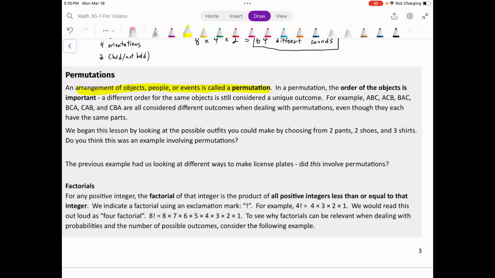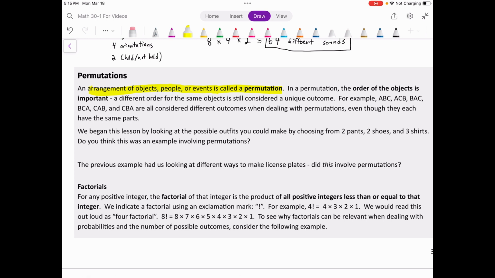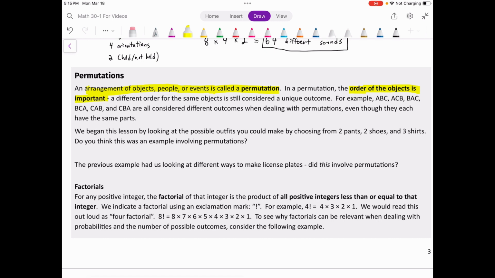It's just talking about the number of different ways a set of objects could be arranged. Notice that the word arrange implies that the order is important. So in a permutation, the order of the objects is important. A different order for the same objects is still considered a unique outcome.